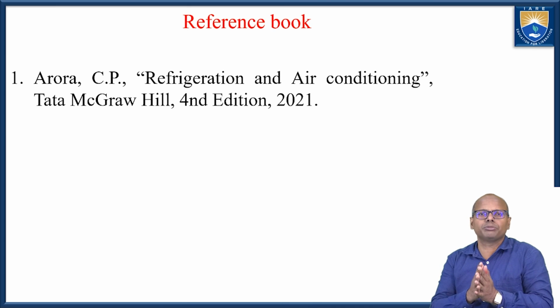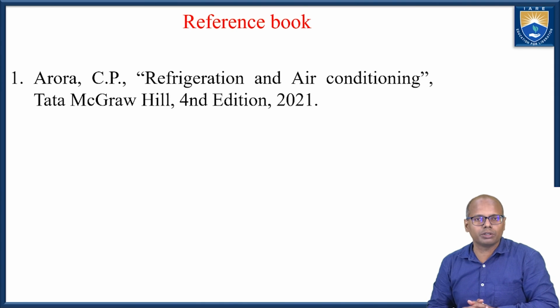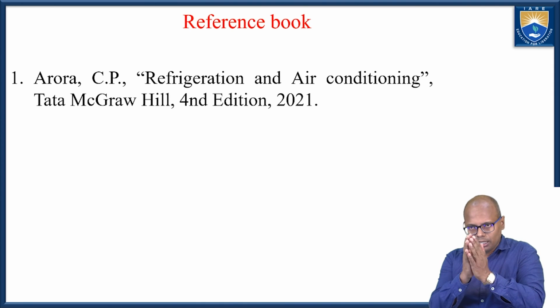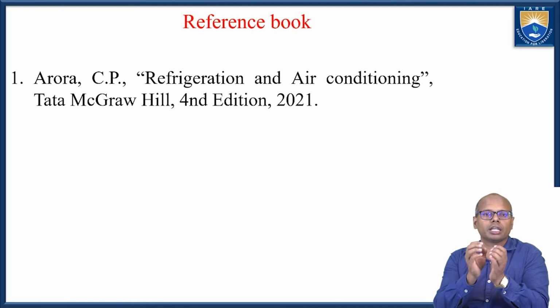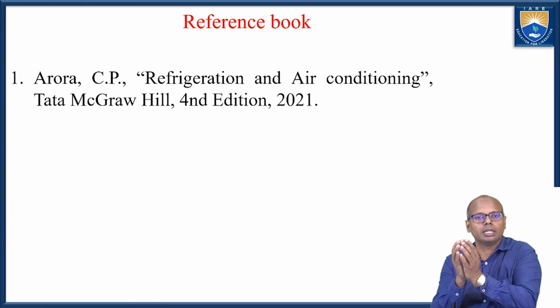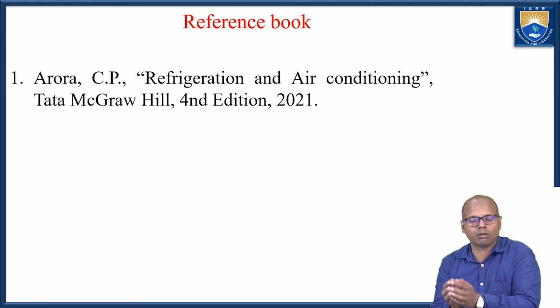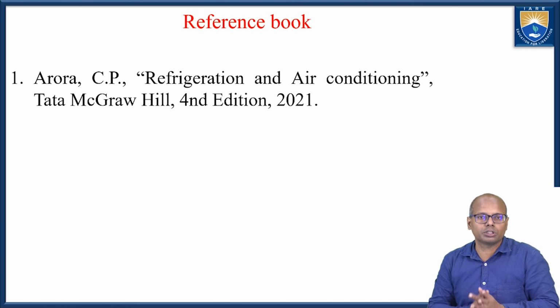So, before concluding, we'll just review what we have discussed. The vapor compression refrigeration cycle is based on a refrigerant whose boiling point is equal to or below atmospheric pressure.